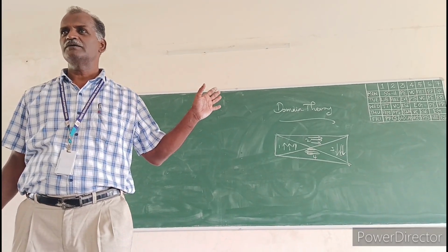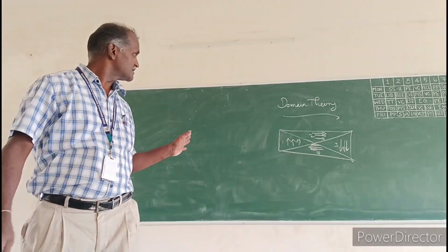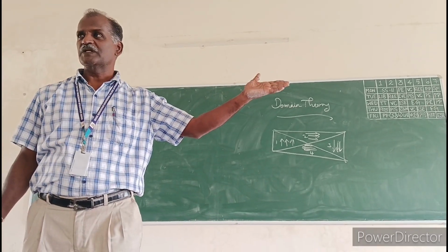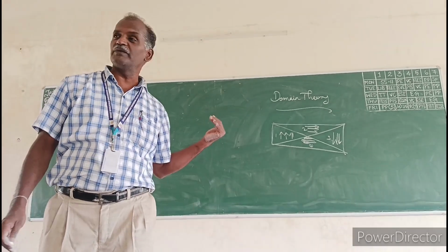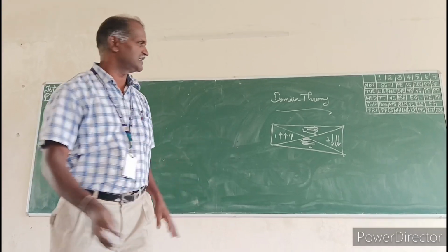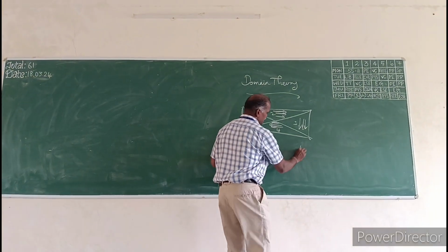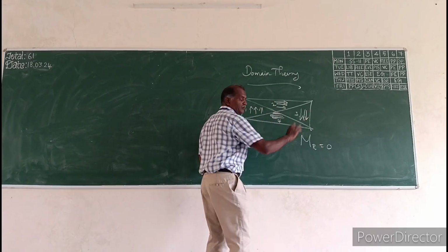One is up, which one is down? See the board. That domain is down. The second domain is to the side. The third domain is... the fourth domain is left side. So they can cancel each other. As a result, the material does not show any magnetism. The resultant magnetic moment is 0.